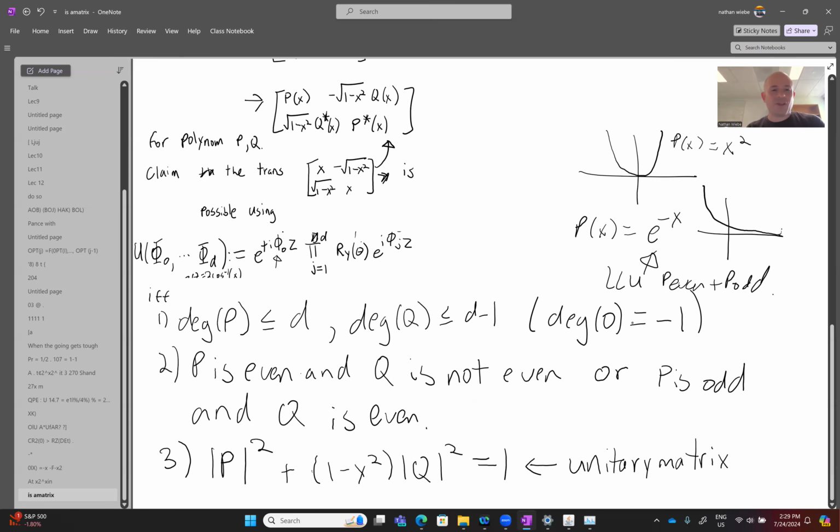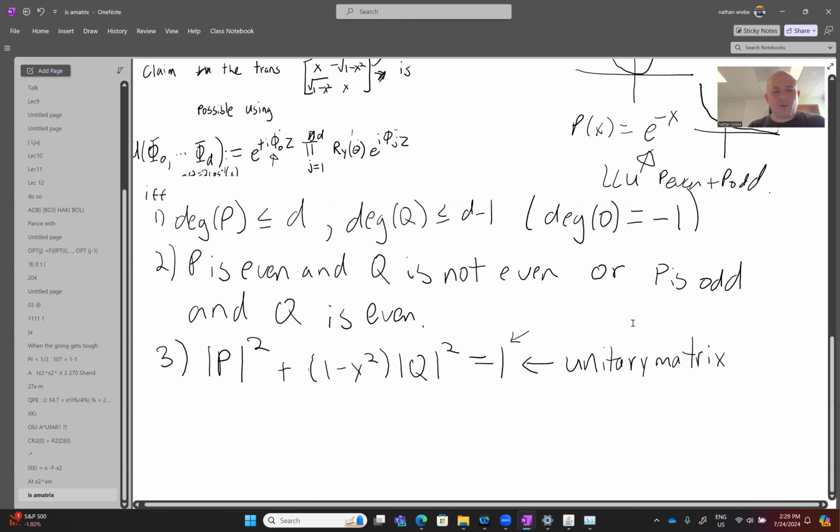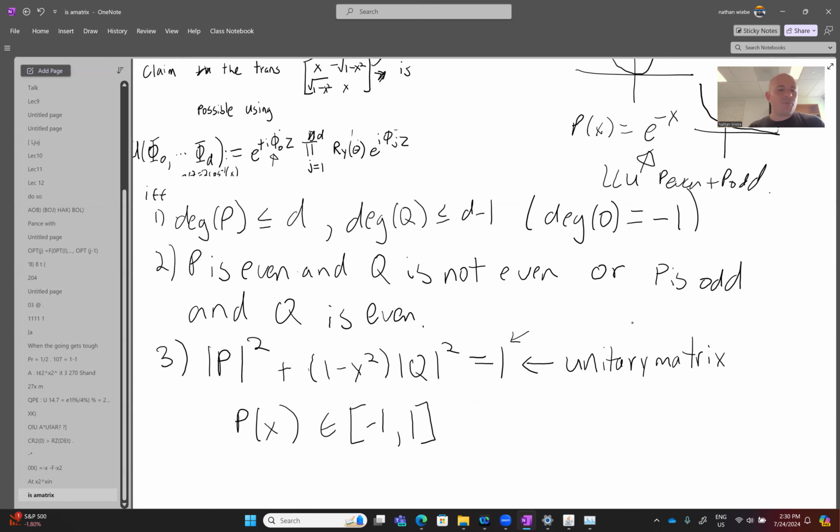So because it needs to be built inside a unitary matrix, the rows and the columns have to all be unit vectors. And thus, whatever polynomial p and q we build, it has to correspond to a unit length vector. Also, this ends up creating some restrictions. For example, another restriction imposed by this is that p of x has to have domain and range in -1, 1. Otherwise, there's no way that I could end up finding a q that would match this. So this ends up restricting our range of different polynomials.